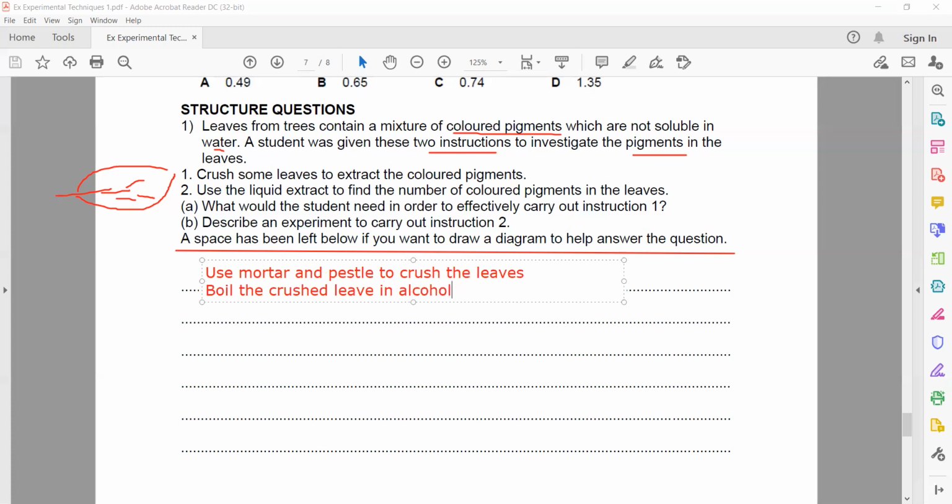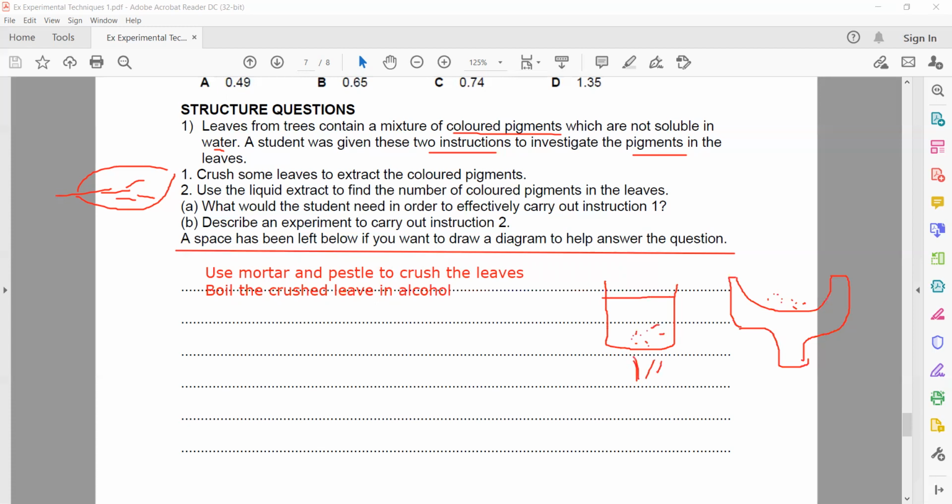So first we crushed the leaves by using a mortar and pestle, and then we will filter. That filter will be the third part. So when we crush the leaves, we have these crushed leaves. After that, we can use alcohol as a solvent, add these leaves and heat, boil.